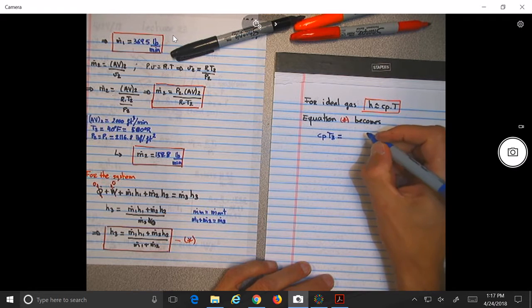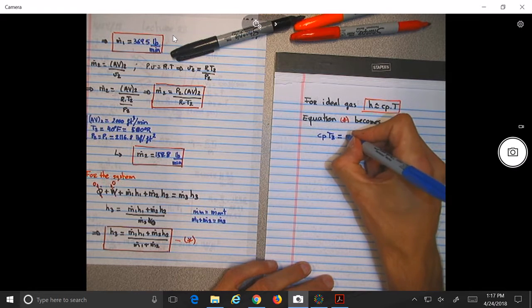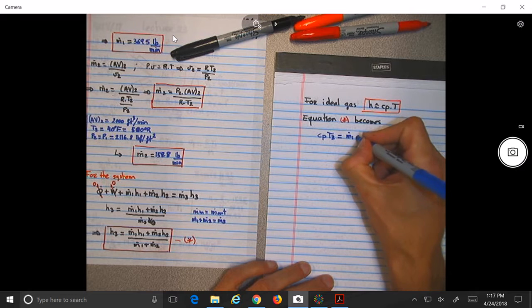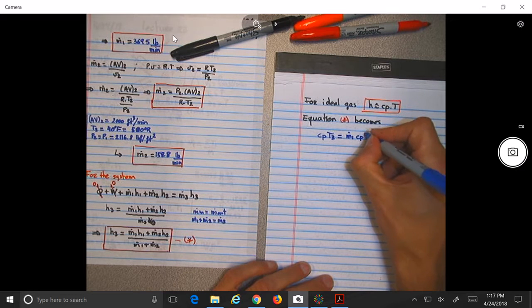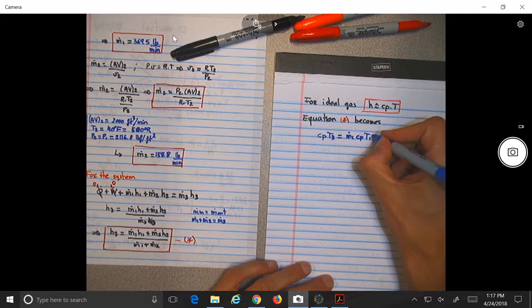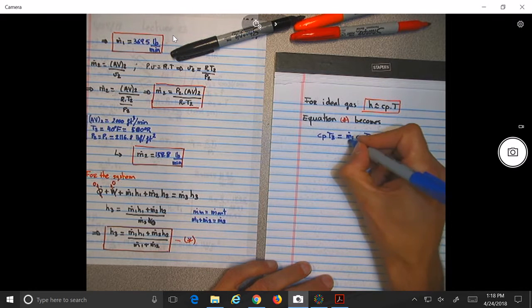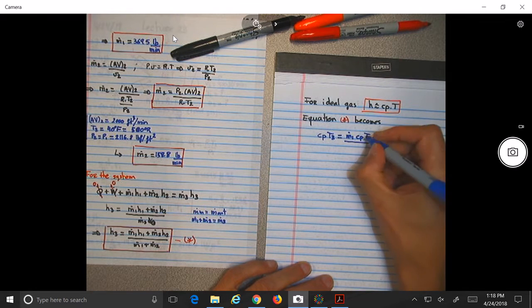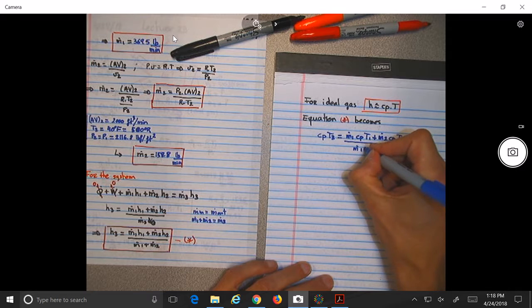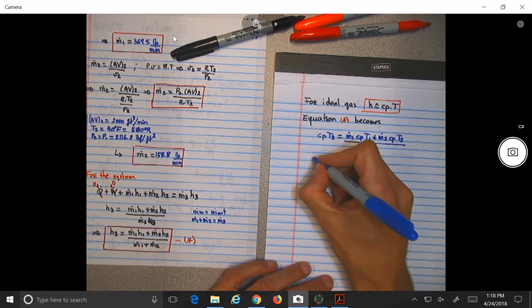CP T3 equal to M1 CP T1 plus M2 CP T2 divided by M1 plus M2.